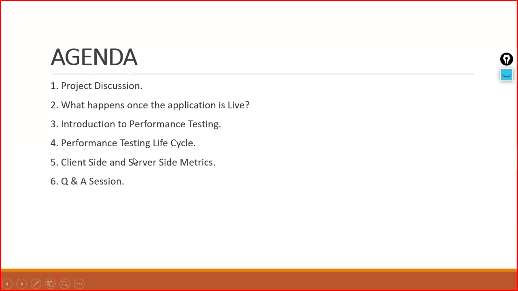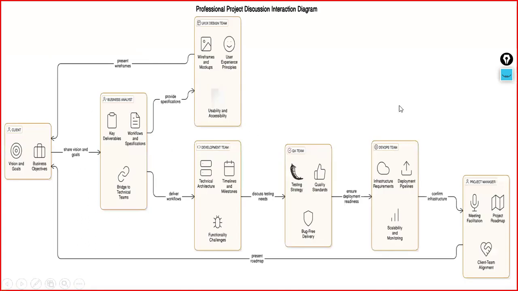So let's start with the initial part, that is the project discussion. This particular project discussion obviously starts with the client. So who is the client? The client is nothing but an individual or an organization that needs a software product.